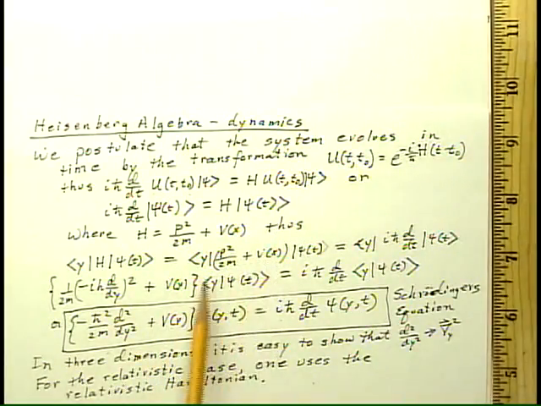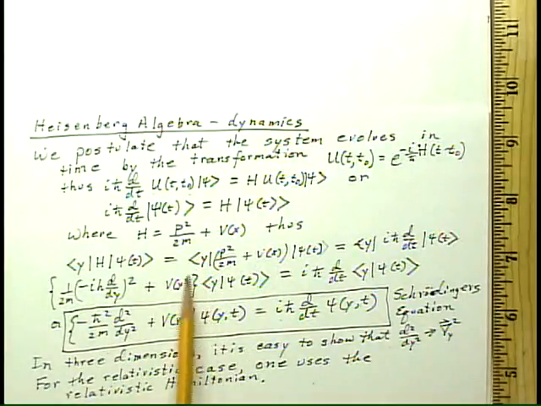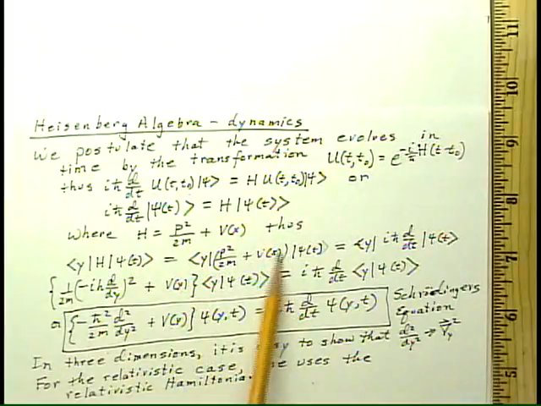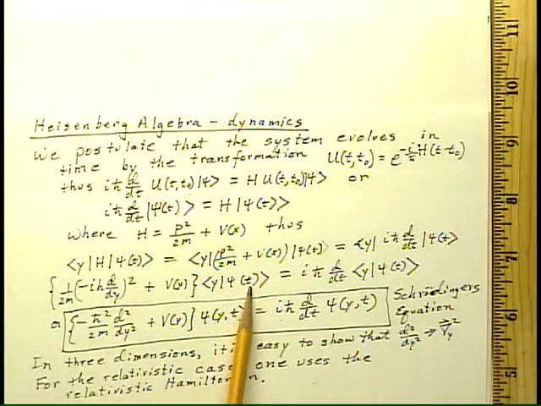And V of x, of course, just becomes V of y, because any function of the x operator acting onto the eigenvalue y gives us that function of y. So we have now collected this entire expression out to the left of <y|, multiplied by <y|psi of t>. This is the vector as it evolves in time as expressed in terms of the position basis.